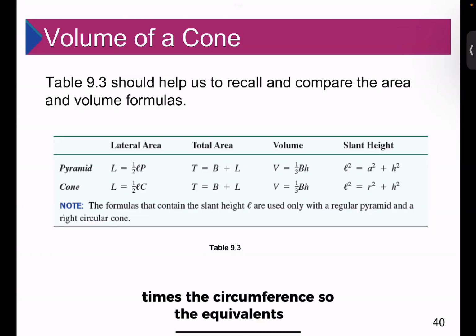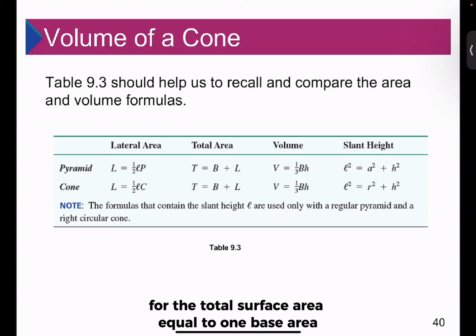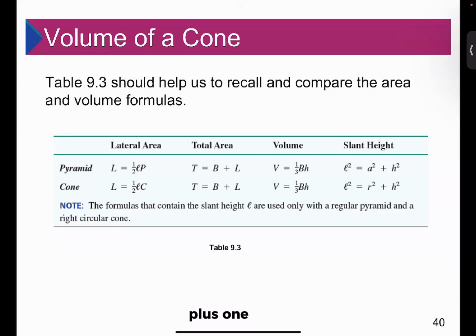So the equivalence of perimeter to circumference is being considered. The formula for the total surface area, equal to one base area plus one lateral area, is the same. And the volume, 1/3 of the base area times the height, is also the same.